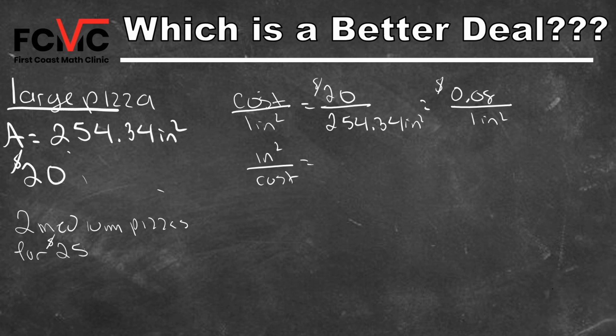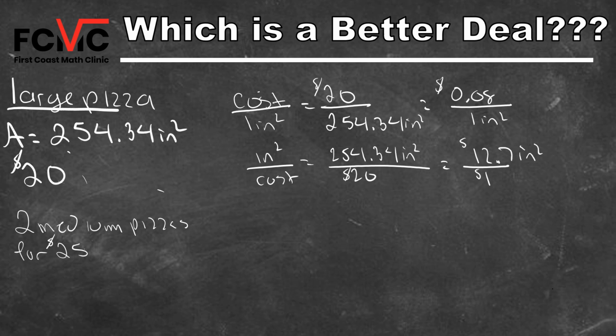When we switched that and divided, we took the reciprocal and divided. We did 254.34. I just want to review this with everybody, and then divided by $20 for every $1. We got 12.7 inches squared worth of pizza.